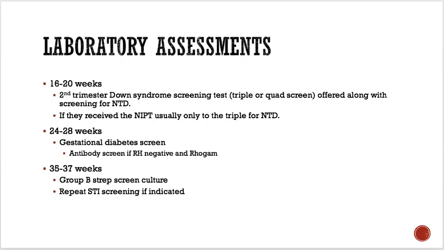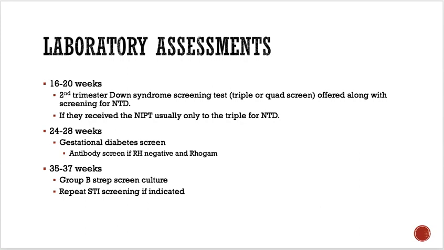Laboratory assessments. There are several, starting with the 16 to 20 week lab assessments. We're going to talk more about this in some future or past lectures. We do the neural tube defect screen, the triple or quad screen, between 16 and 20 weeks. If they did the non-invasive prenatal test, oftentimes instead of doing the quad screen, they'll only do the triple screen, because so much of that was captured in the NIPT.